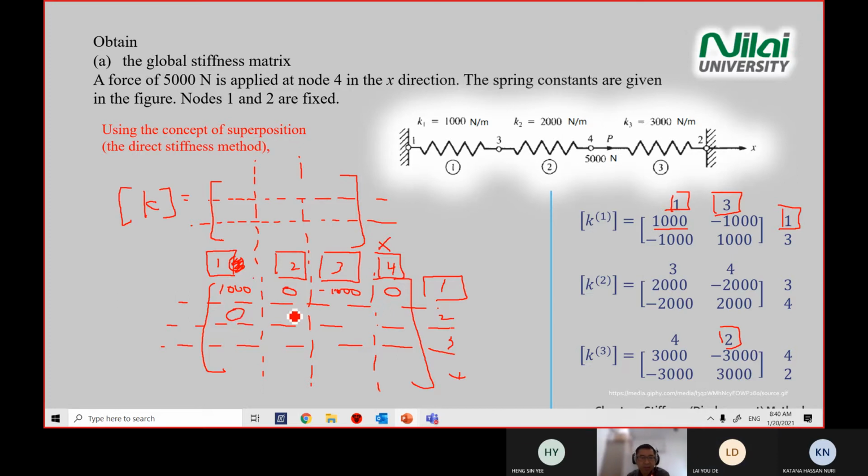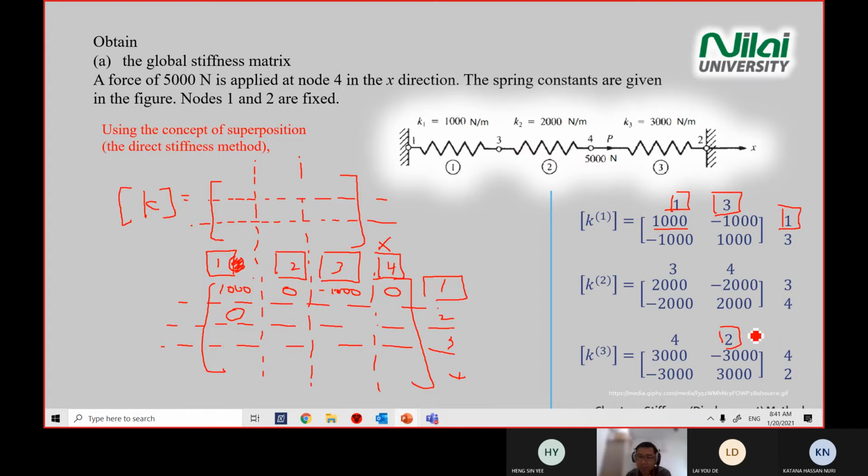Okay, I'm going to let you go for a while. I'm going to ask Singi. Singi, what number should we fill inside here that I show on the screen? 3,000.